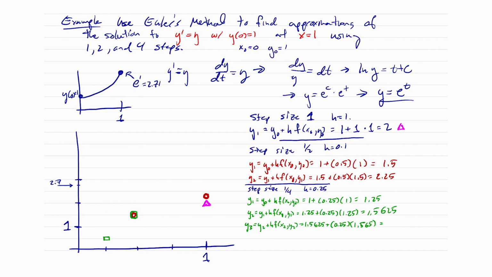So we take 1.5625 divided by 4, and that's going to be added to 1.5625. Okay.